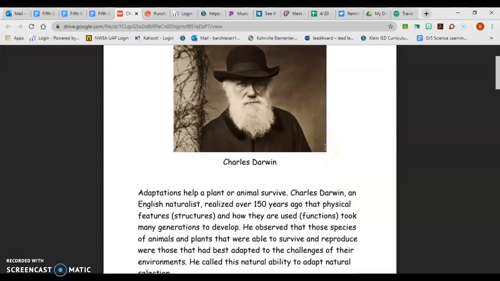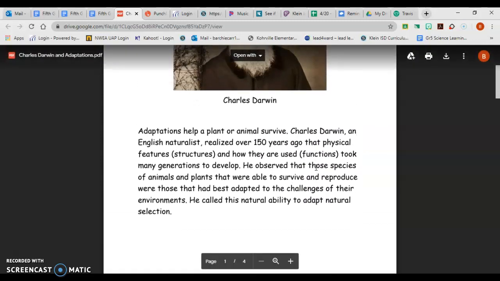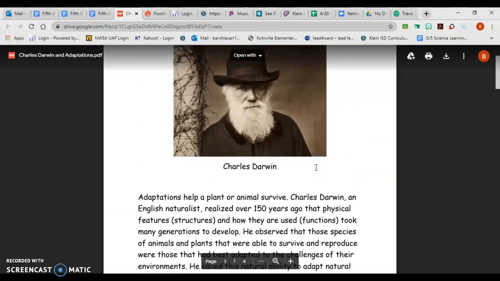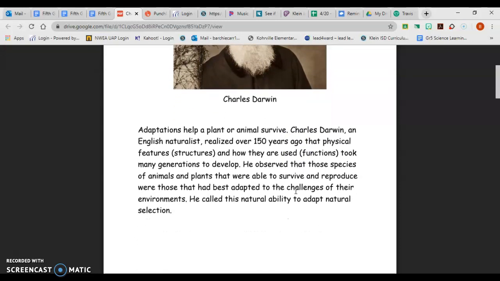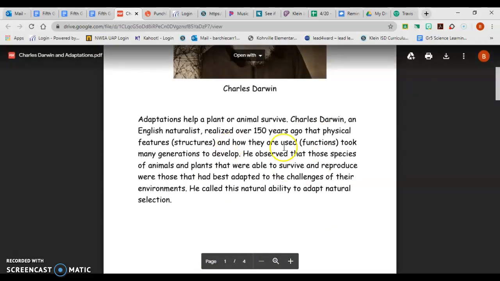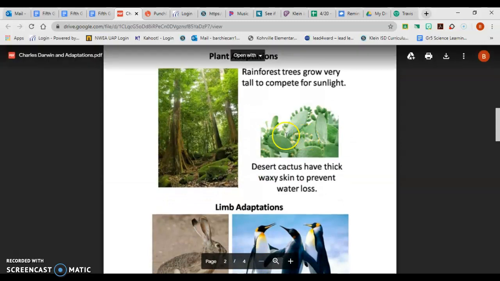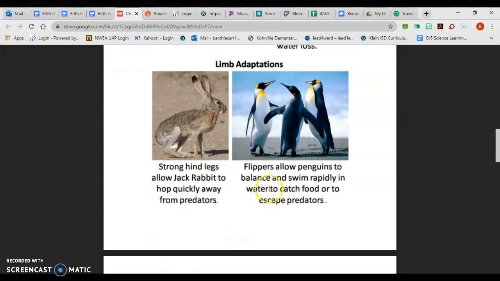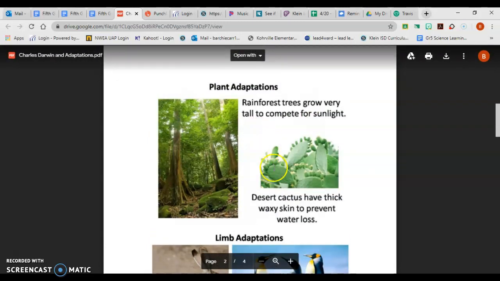So you're going to scroll down, and that's Charles Darwin, and you're going to read this very brief paragraph about Mr. Darwin. And then after you've read this, think about what you're reading, then you're going to look at these different pictures and their descriptions, and it's going to talk about the different adaptations.